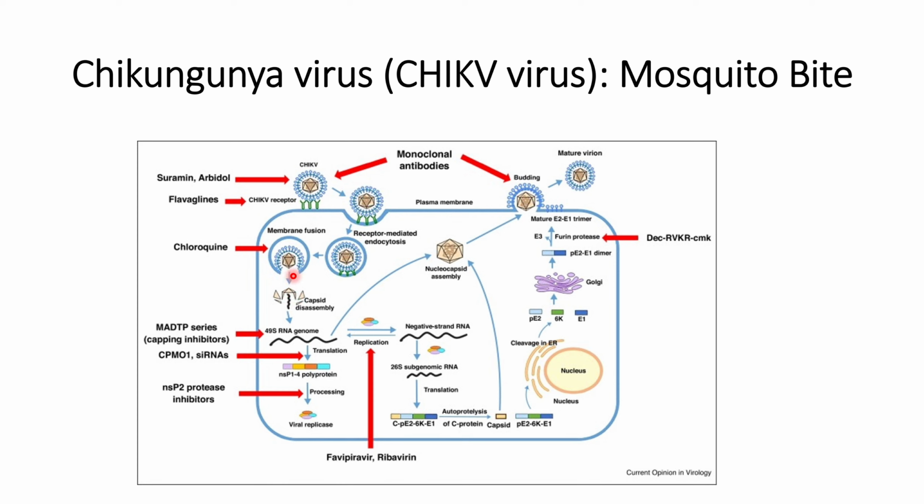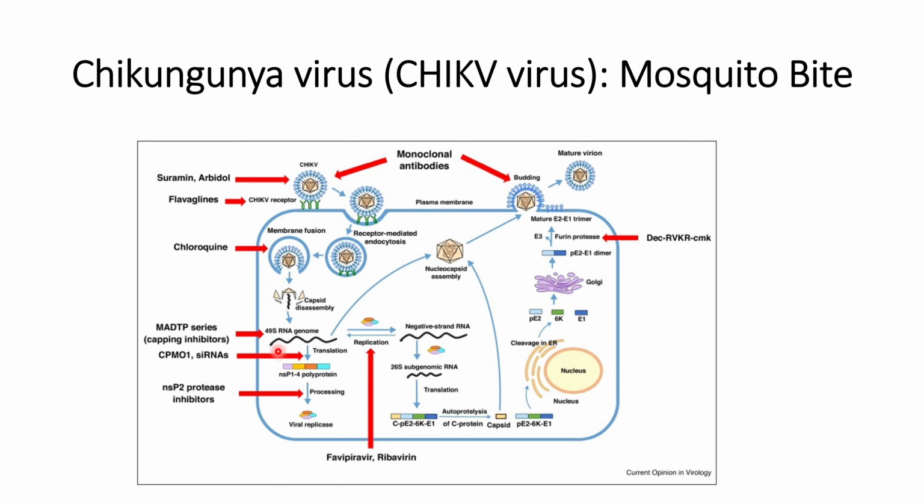along with the capsid. After the capsid is completely out of this membrane fusion, capsid disassembly will occur, which will lead to the genetic material, a positive single-strand RNA, being exposed to the translation machinery of the cells.